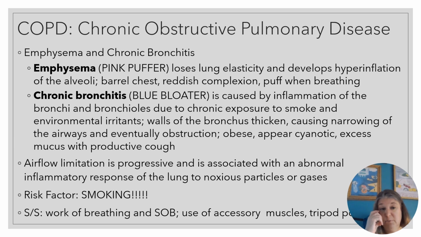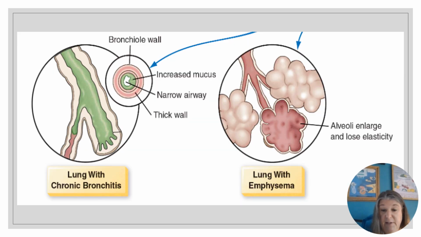One of the biggest things we worry about related to the chronic bronchitis is right ventricular enlargement, which is called cor pulmonale. So this is right ventricular enlargement of the heart. So this can end up leading to right-sided heart disease. All right. Risk factor, again, just remember, smoking, hands down.